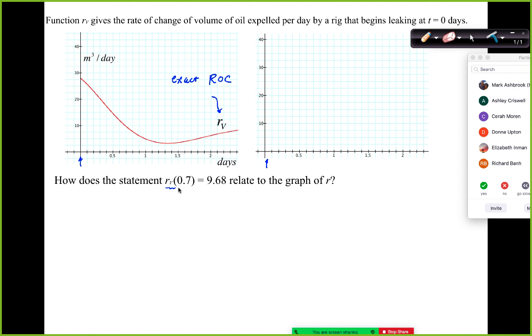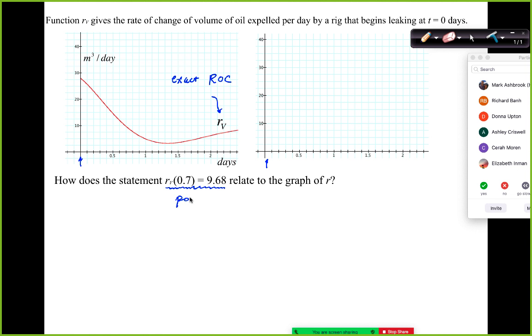How is this symbolic statement represented? What is it about that graph that has to do with this? What's the connection between this symbolic statement and this curve? Well, to me, it sounds like it's just the points on that curve. Points? Yes, represented as a point.